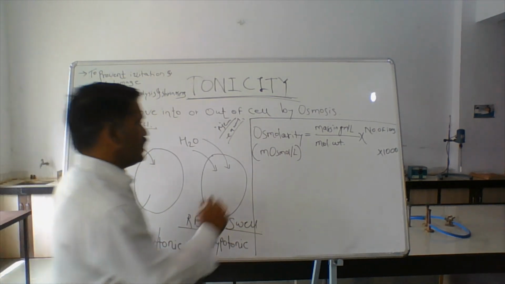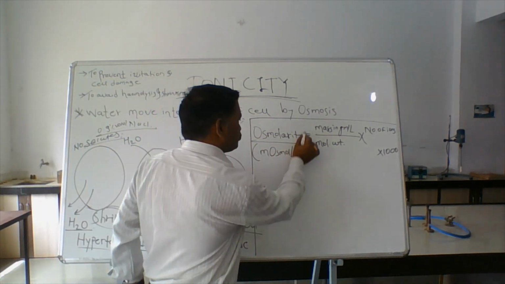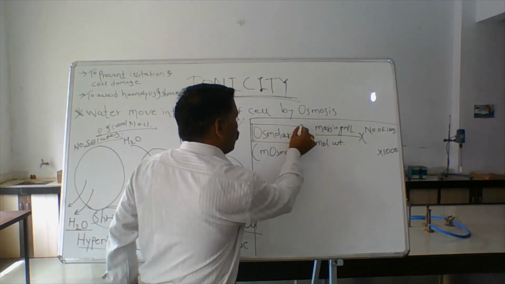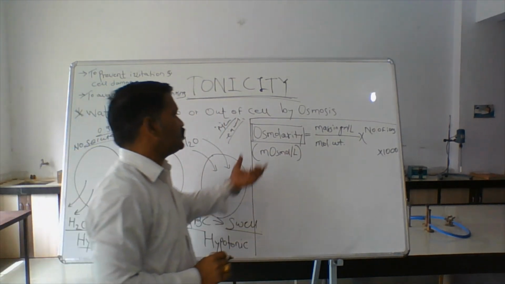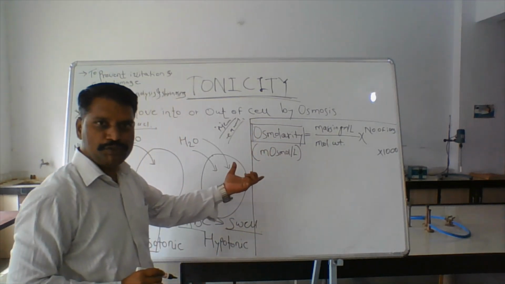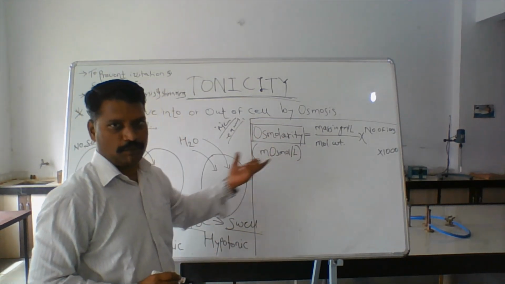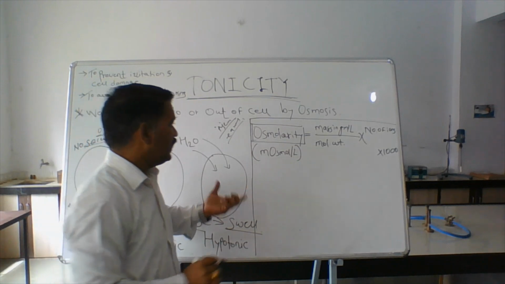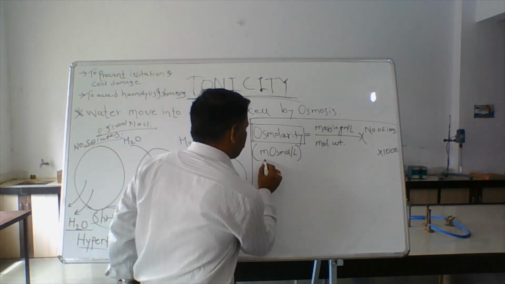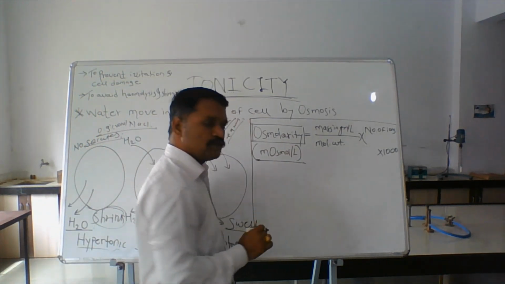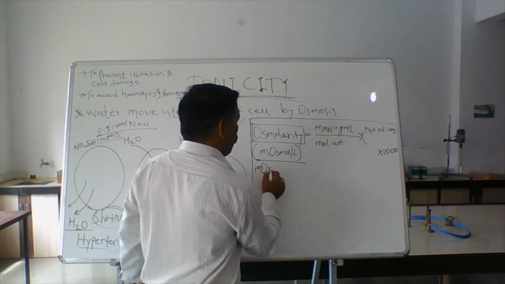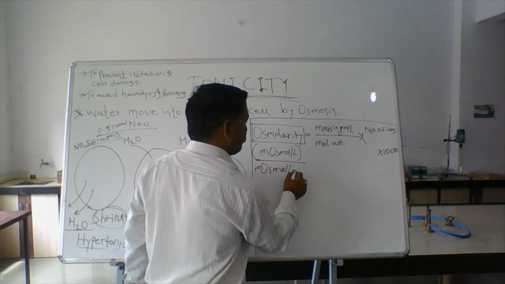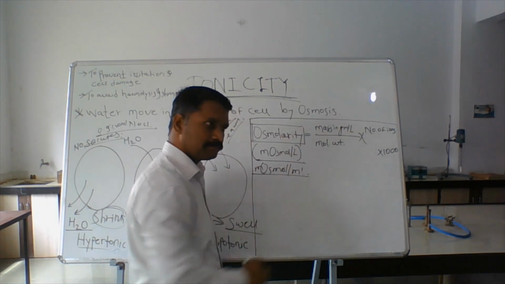Now let us discuss osmolarity. What is osmolarity? It is the concentration of a solute in a solution per unit volume, usually expressed in milliosmol per liter or milliosmol per ml.